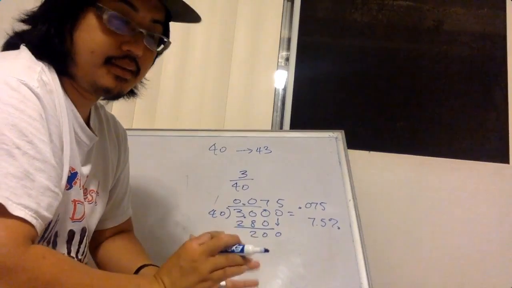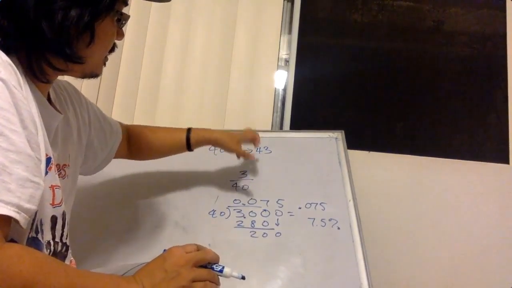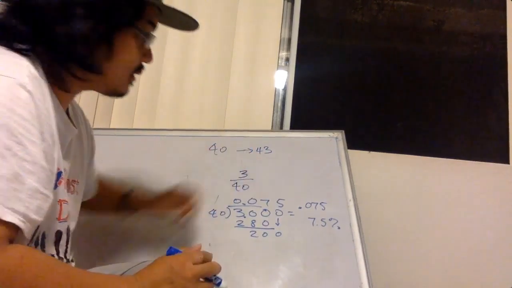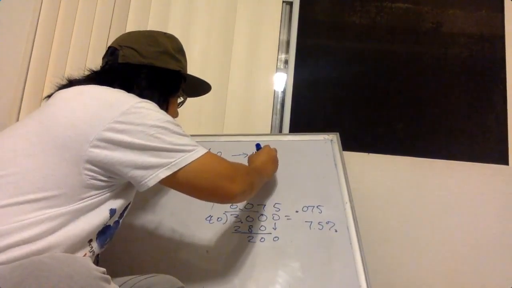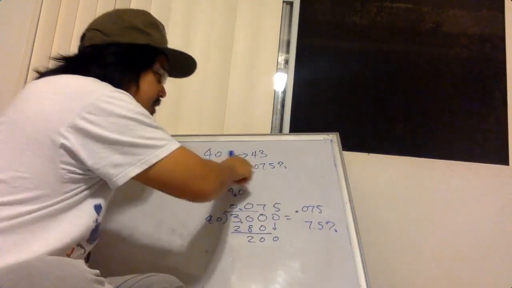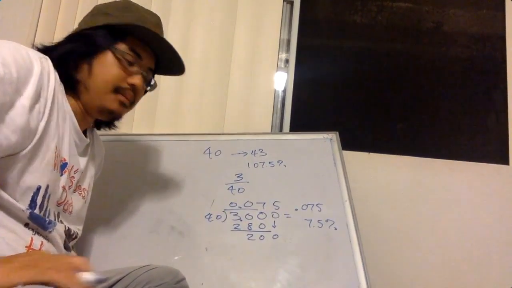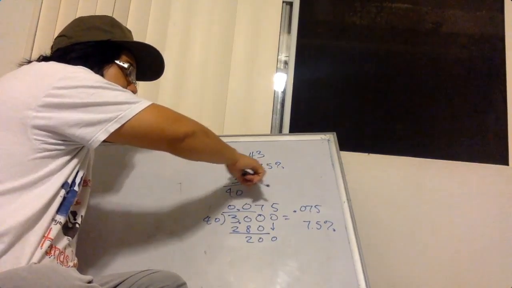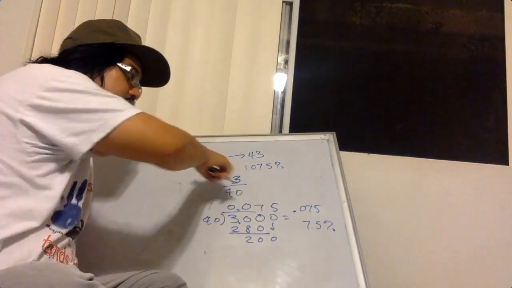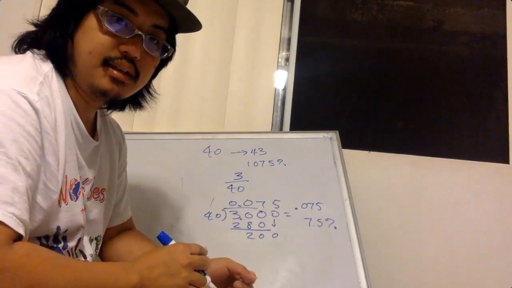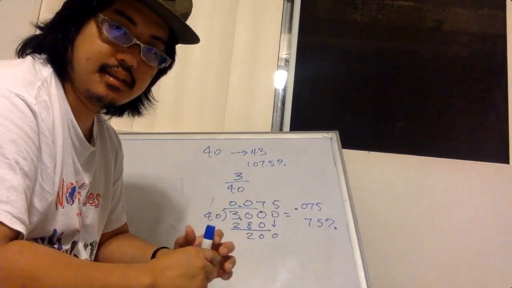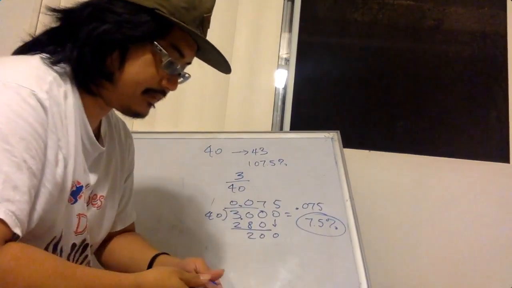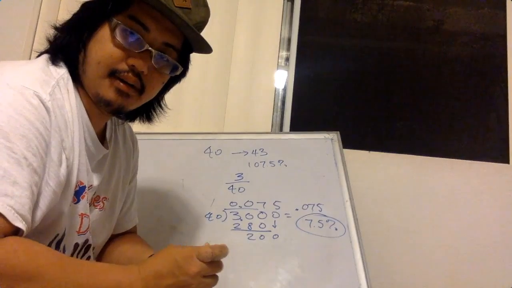Or you could say Sumin is 107.5% of what she weighed last year, because saying that she increased her weight by 7.5% and saying that she now weighs 107.5% is the same thing. But I think that the answer that they're looking for is 7.5%. All right, hopefully that helps.